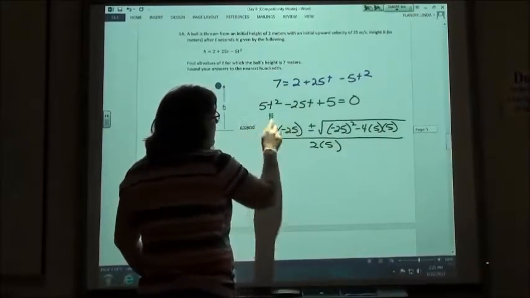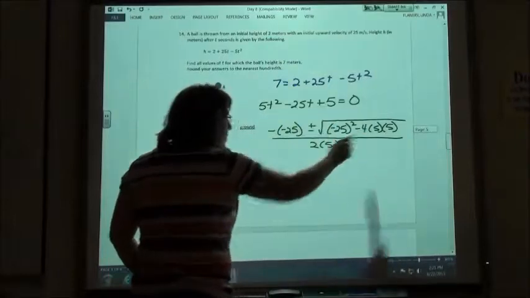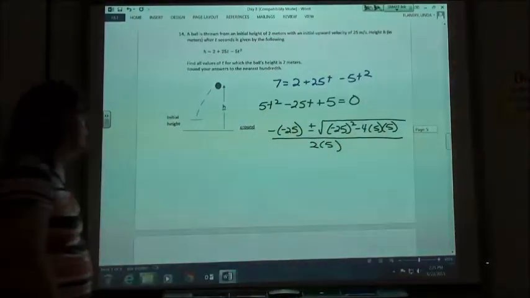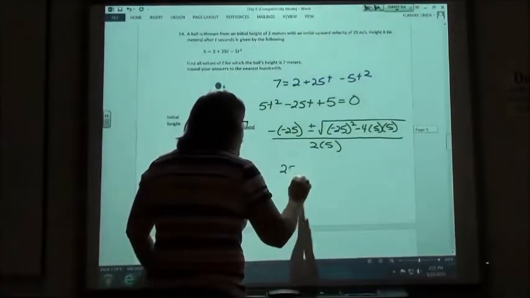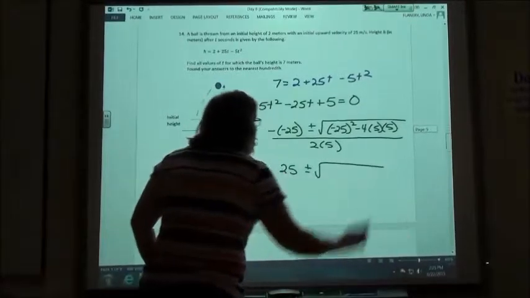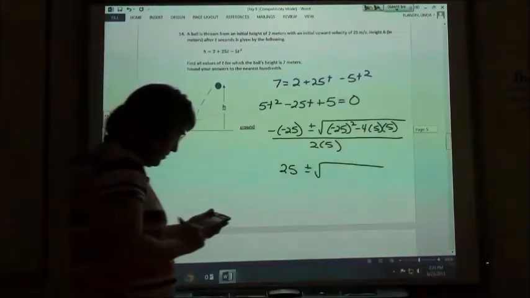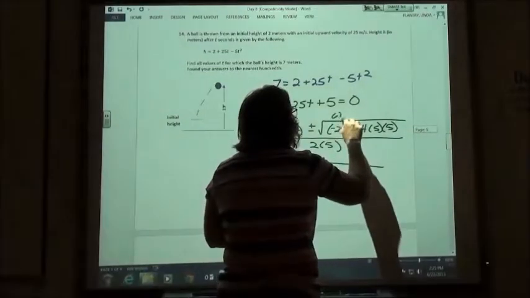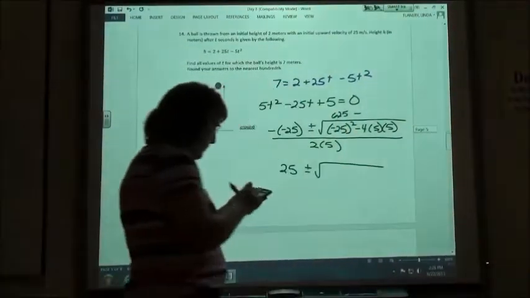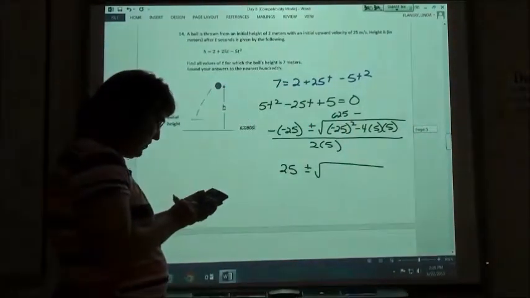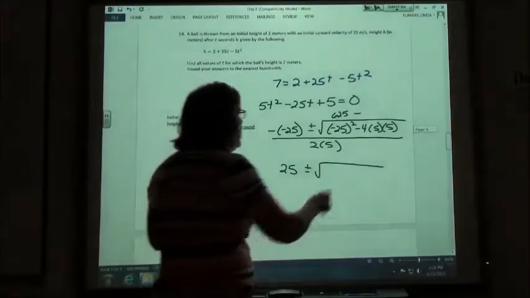So using a, b, c, plugging them into my quadratic formula, this gives me positive 25. So a negative 25 squared gives me 625. Four times 5 gives me 100.